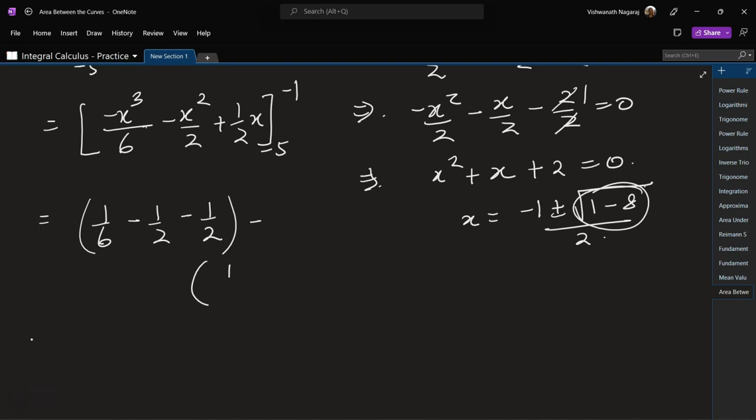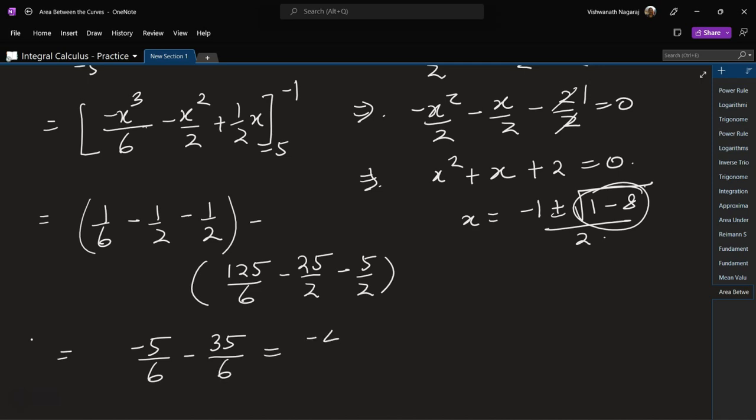So 125 by 6 minus 25 by 2 minus 5 by 2, which gives us, this is going to be 1. So 1 by 6 minus 1 is going to be minus 5 by 6 minus, and if we evaluate this, we get minus 35 by 6, which gives us minus 40 by 6, which becomes minus 20 by 3.